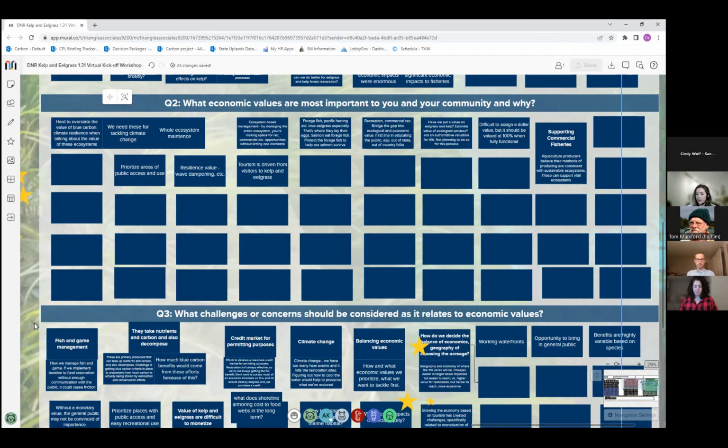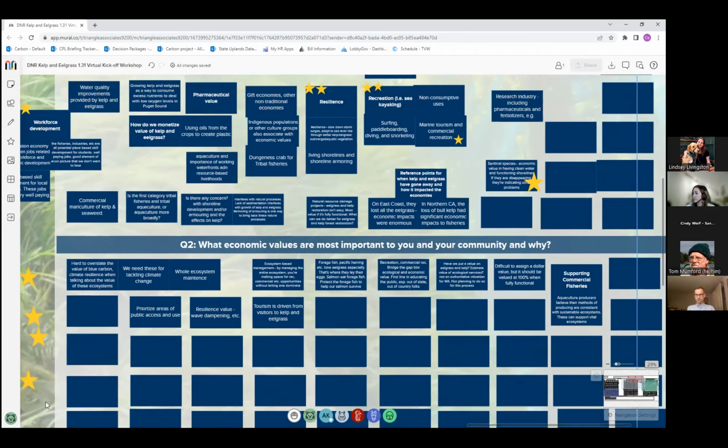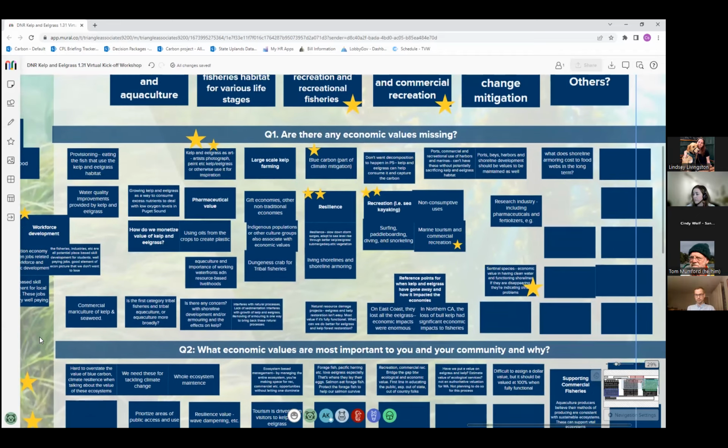But is there anything else in this last 5 minutes that you really want to star or make sure we have documented? Lindsay. Hi, no affiliation, I am just a concerned citizen. I just wanted to star recreational commercial rec in question 2.